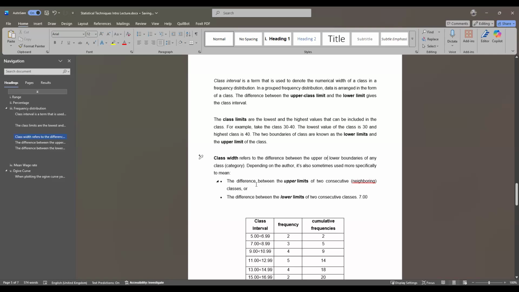If you subtract two upper class limits that are consecutive or neighboring, you get a class width.